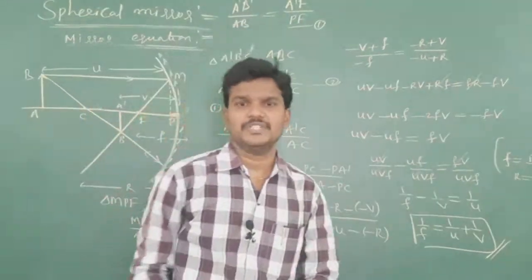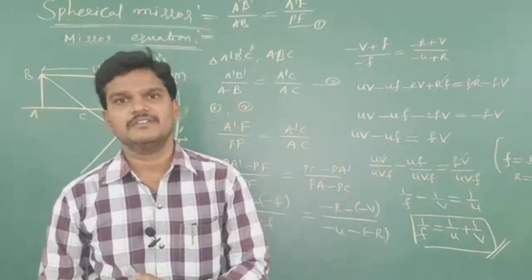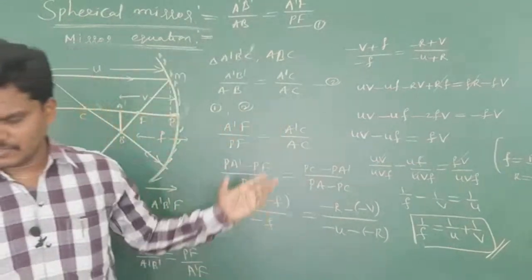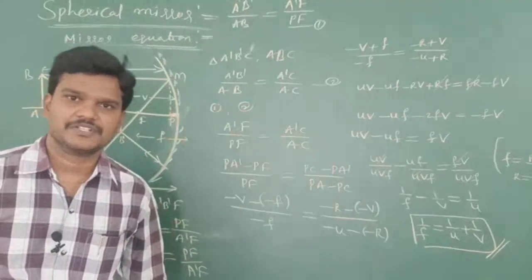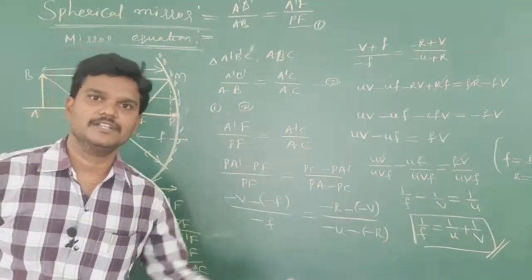What is u? u is the object distance, v is the image distance. If I extend, I will get some magnifications. That magnification we will see in the next sessions.